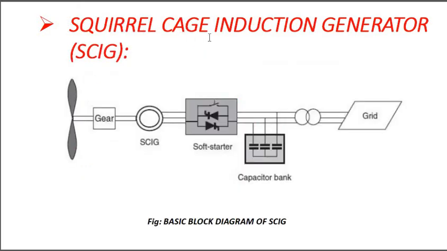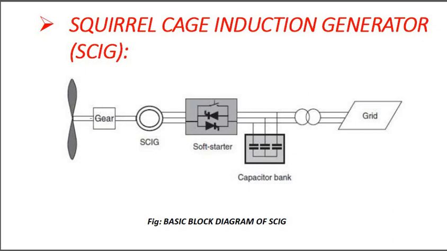Now, squirrel cage induction generator SCIG. It mainly consists of a wind turbine with the SCIG coupled to it through a gear connection.